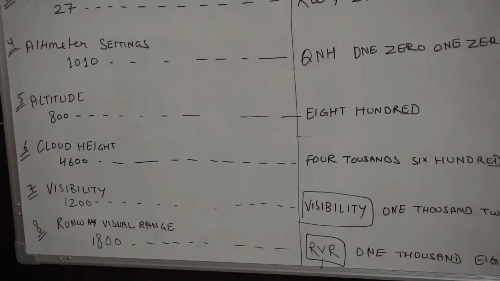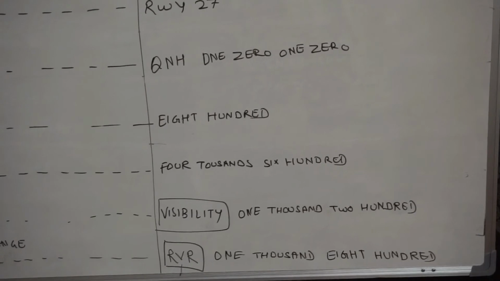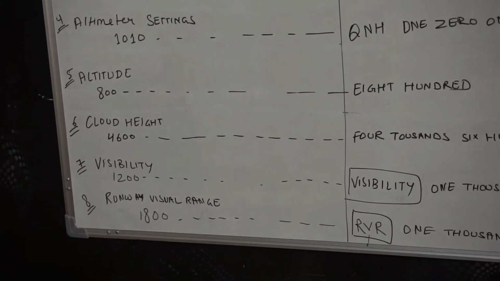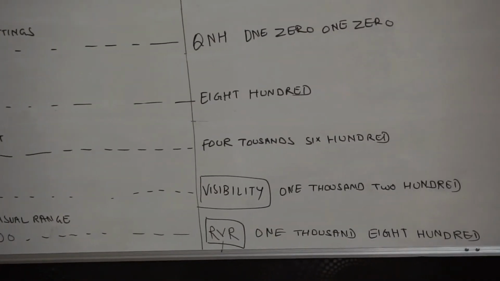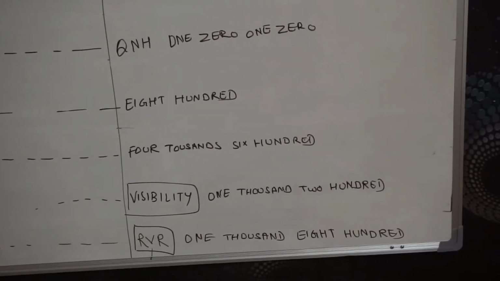Then next is visibility, which is 1200. As a prefix we will say visibility and 1200. Next is runway visual range 1800. We'll be using RVR, which is the short form for runway visual range, and we'll say 1800.